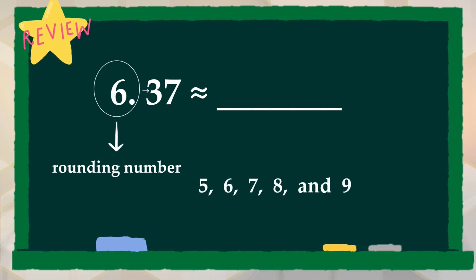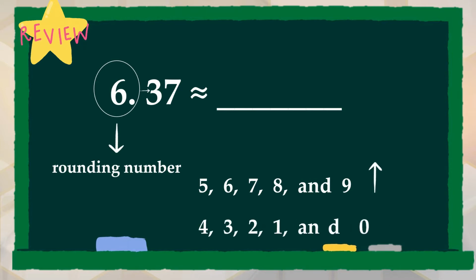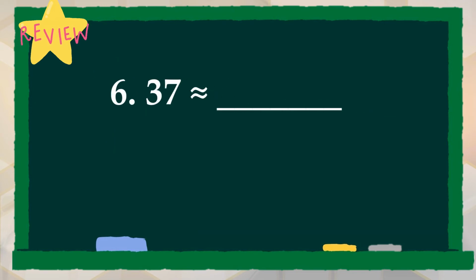If it is 5, 6, 7, 8, or 9, you are going to round it up, meaning you will add 1 to the digit in the rounding place. But if the digit on the right side of the rounding place is 4, 3, 2, 1, or 0, you will round it down, which means you will drop all digits after the rounding place. So, 6 and 37/100ths is approximately equal to 6.